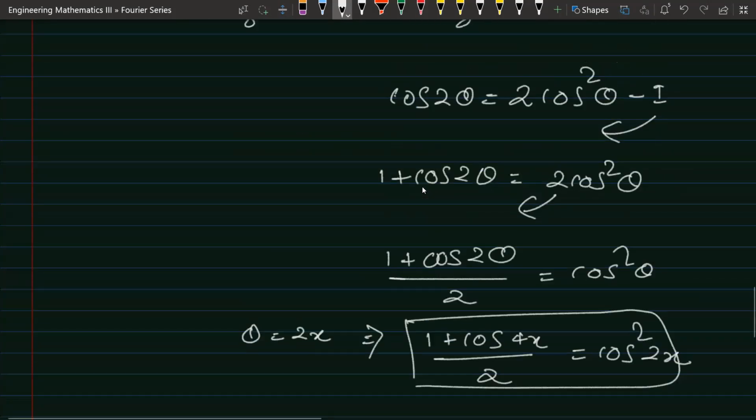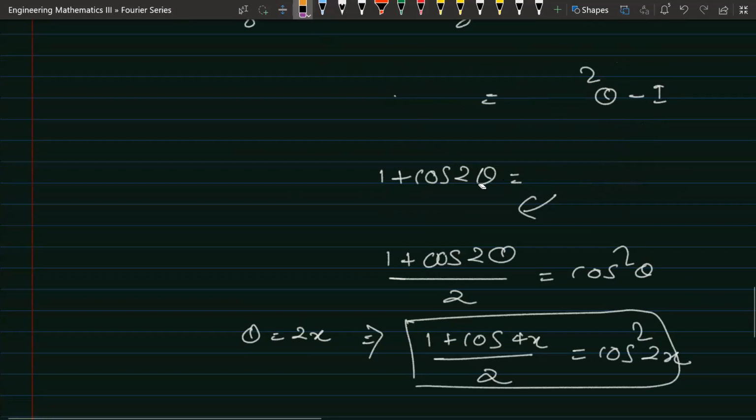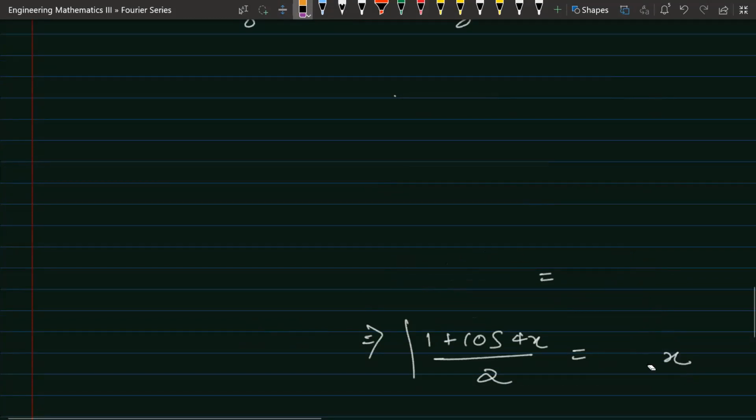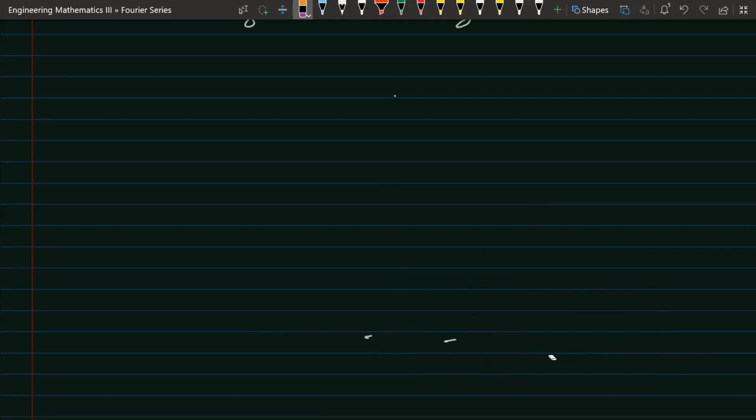Yes, sir. So instead of cos square 2x, we can write what? 1 plus cos 4x upon 2. Okay, so let me change that integral.